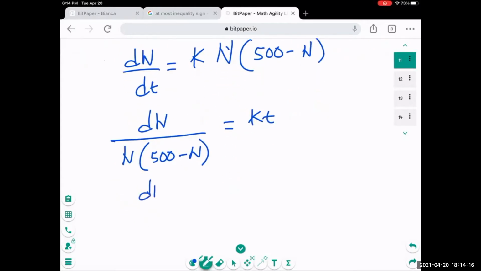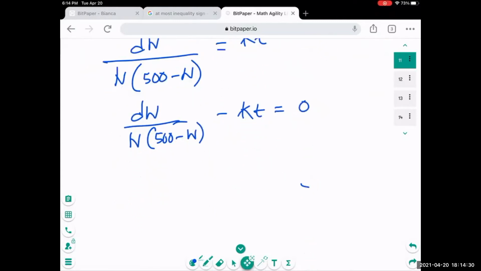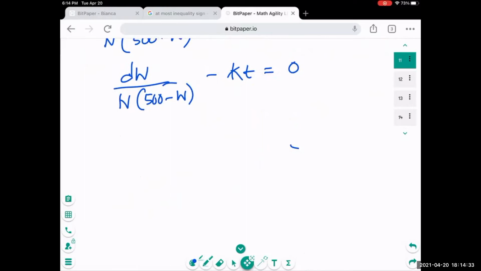So dN over N times the quantity 500 minus N, minus k dt equals 0. We can use partial fraction decomposition for this part of the equation, which is 1 over N times 500 minus N.